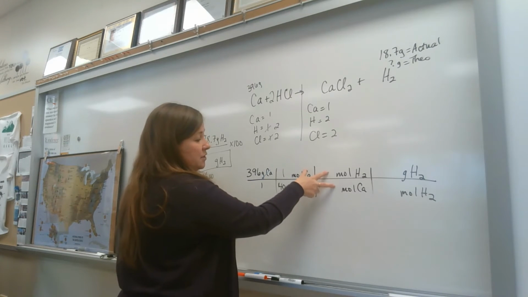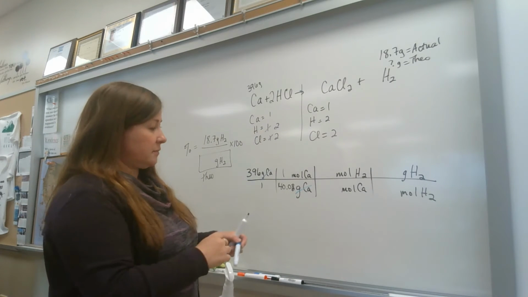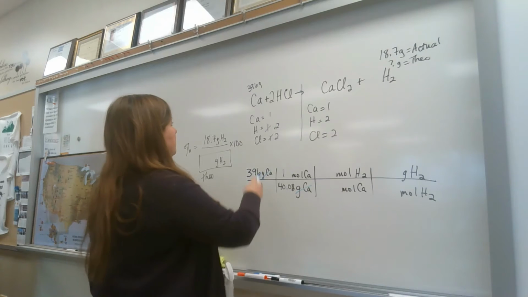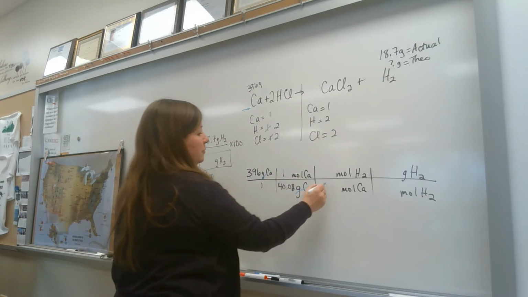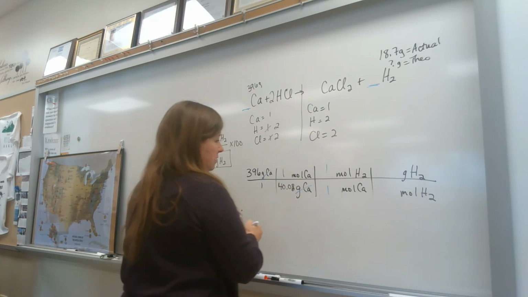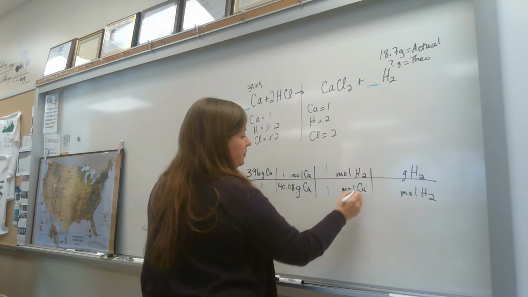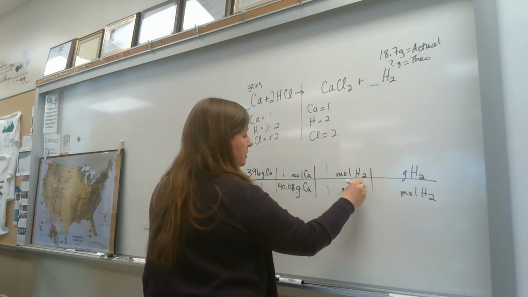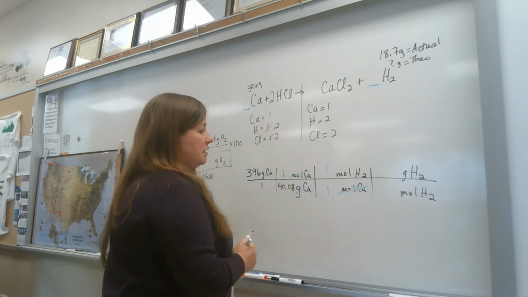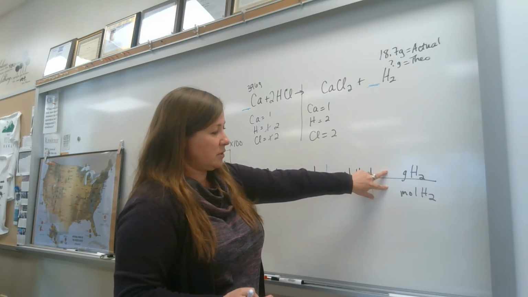If we're going moles to moles, then we don't use the periodic table. We use our coefficients. So we're going to take the coefficient for calcium, 1, and the coefficient for hydrogen, 1. And then we can cancel moles of calcium. Now we have moles of hydrogen. And moles of hydrogen will cancel here, and we're going moles to grams.